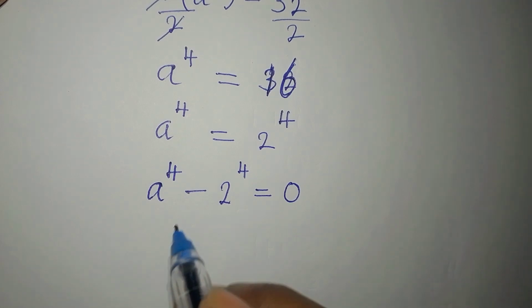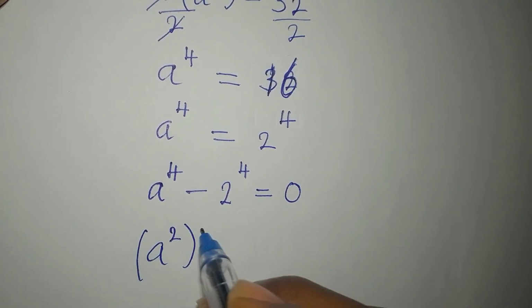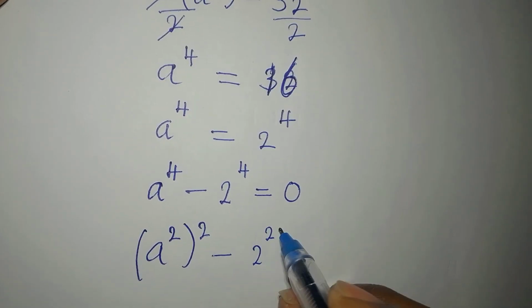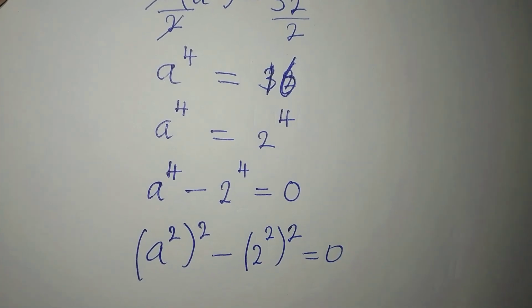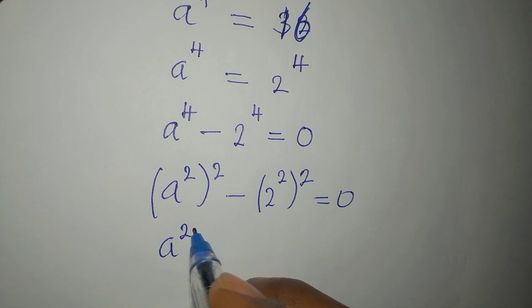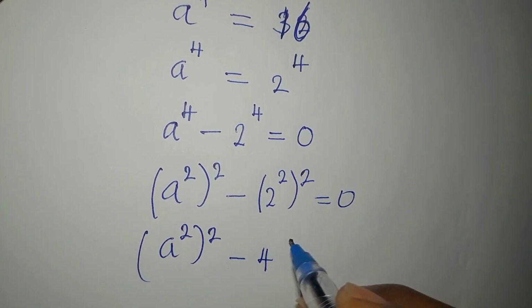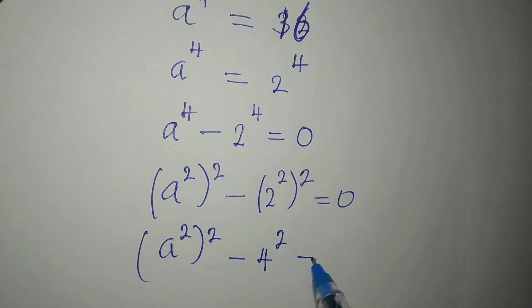But then, remember that this is a squared to the power of 2. Then we have 2 squared to the power of 2 equals 0. So that a squared to the power of 2 minus 4 to the power of 2, because 2 squared is 4, will be equal to 0.